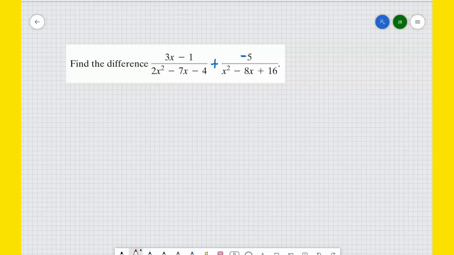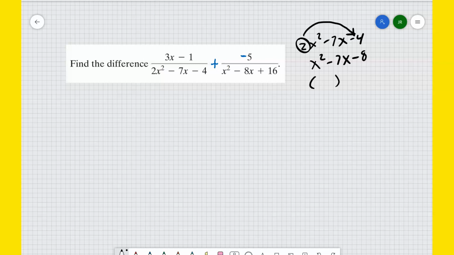Now let me factor the 2x squared minus 7x minus 4. I'm going to do that over here to the side. I got to do the AC method here where I take the 2 and I multiply it down there with the -4. So that becomes x squared minus 7x minus 8. Hopefully you remember this a little bit about how to do that.